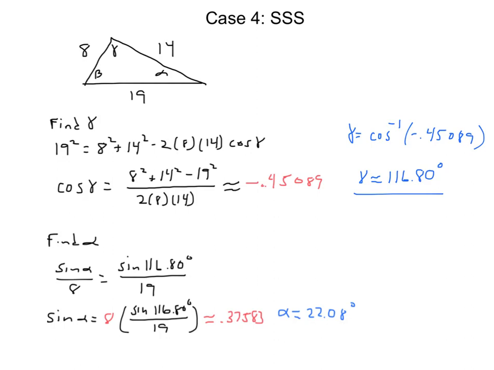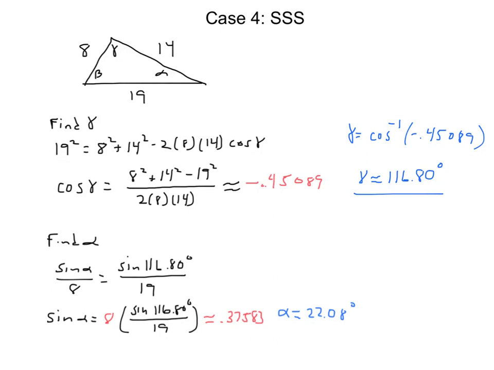Now, once I have that information, because now I know the angle gamma right there, and I know 19, I have enough information to set up the law of sines. And it really doesn't matter which one I find at this point. I'm going to find alpha. I try to find the smaller one second, so I'll do that with this one now.